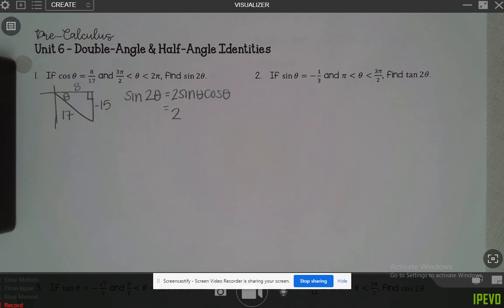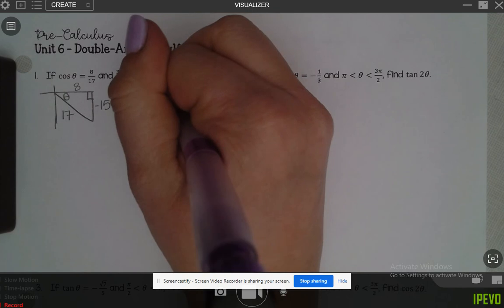Okay. What is the sine of theta? What's the sine? It's negative 15 over 17.